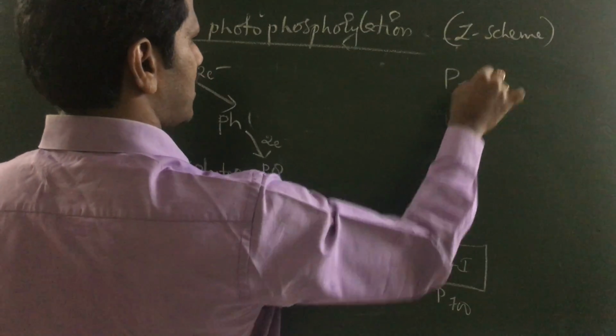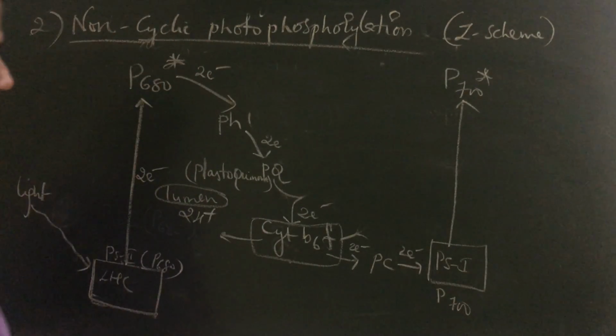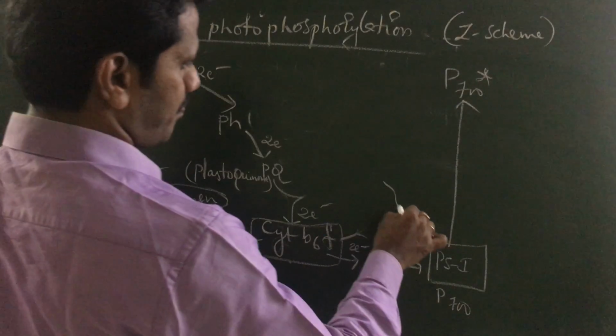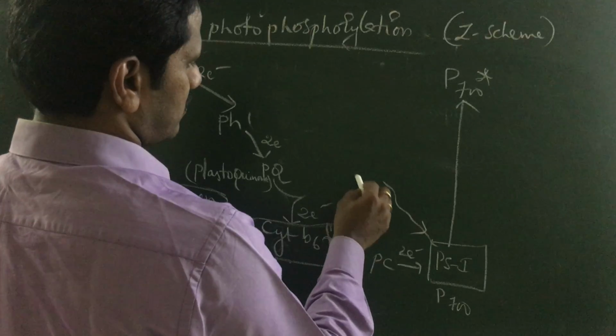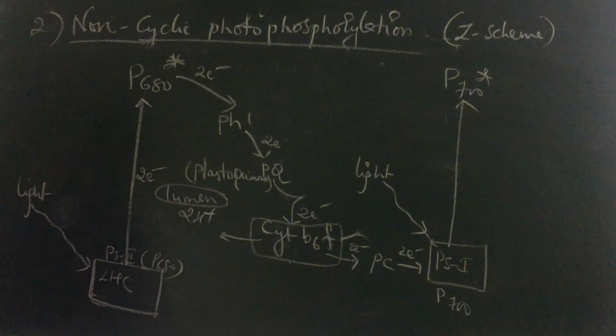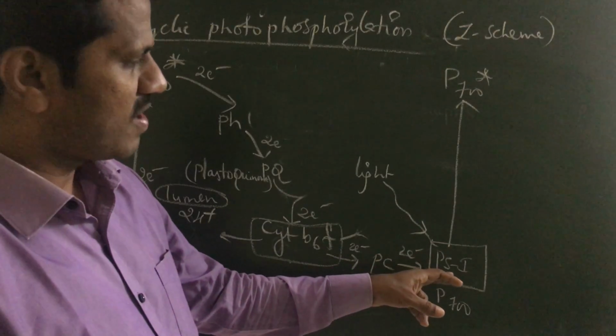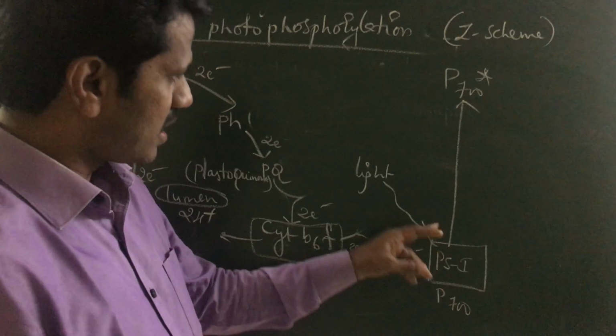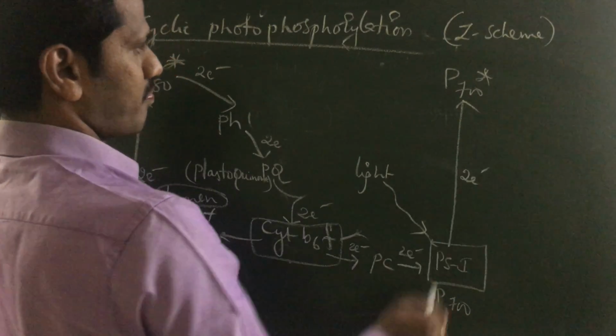So excited state. Even though this process is taking place continuously, here also the light falls on the photosystem 1, and here also the electrons will get excited.